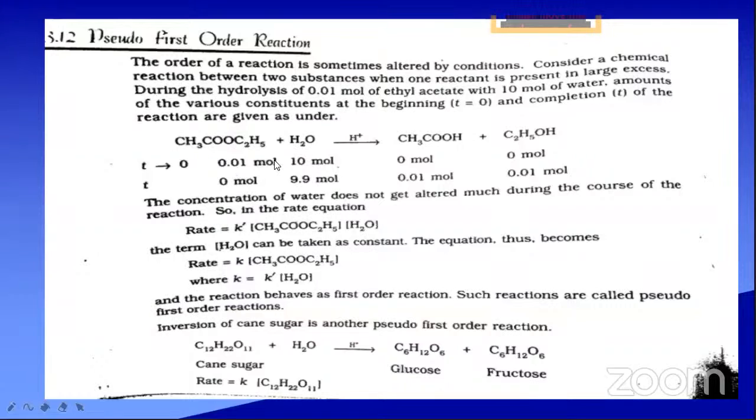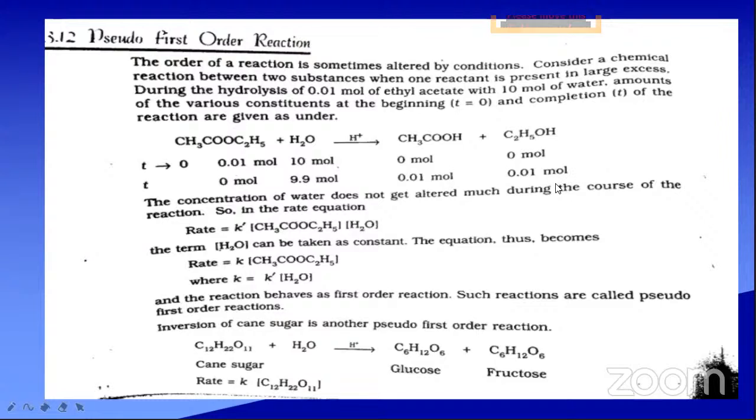Here 0.01 mole of ester is there, so 0.01 mole of water reacts with it. After completion of the reaction, the ester is 0 because it has reacted. Water is 10 minus 0.01, which means 9.9 moles remain. 0.01 moles of acetic acid is formed, and the alcohol also 0.01.